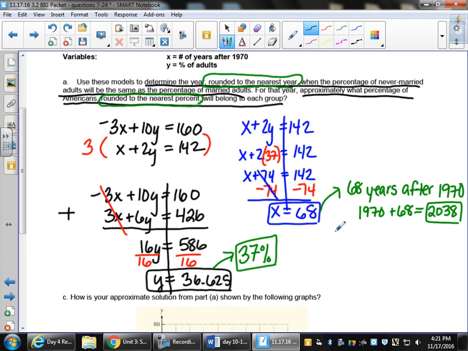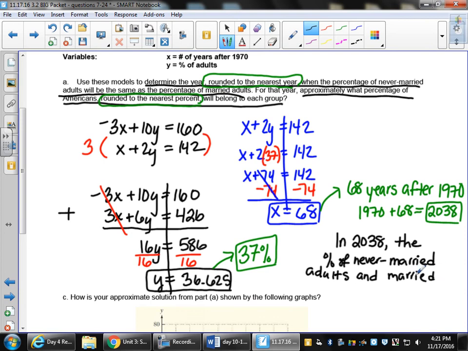So in the year 2038, the percentage of never married adults and married adults both equal 37%. That's when the percentage is the same.